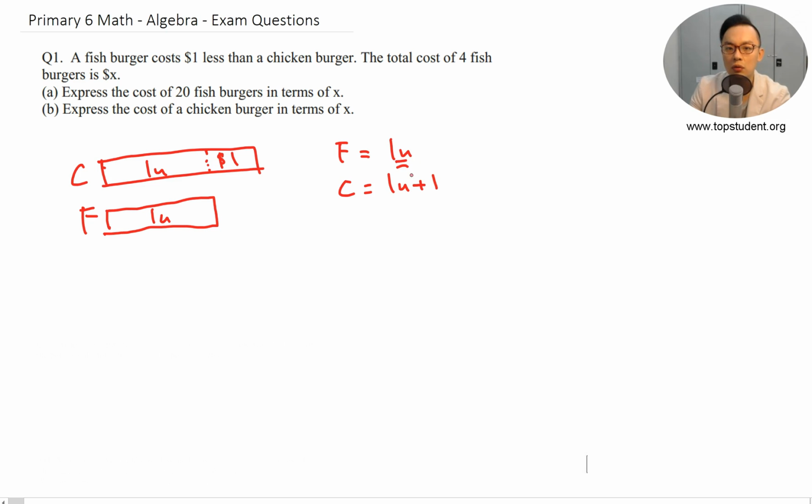So instead of 1U, you just change it to X. 1U is equal to 1 times U, U being the units.